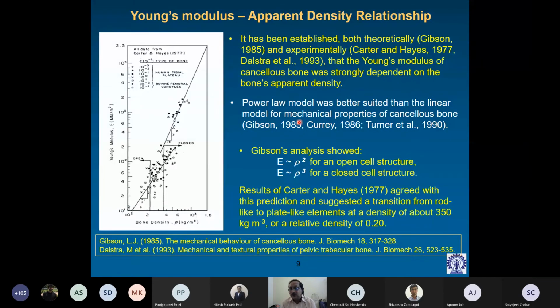Gibson analysis showed that the exponent E varies from 2 to 3, okay? So it can be 2 point something, it can be 3 point something. So roughly the exponent varies between 2 and 3. 2 more resembles the open cell structure, whereas 3 resembles more the closed cell structure.